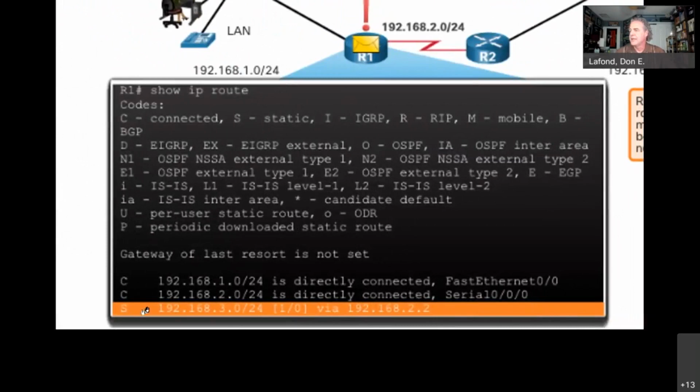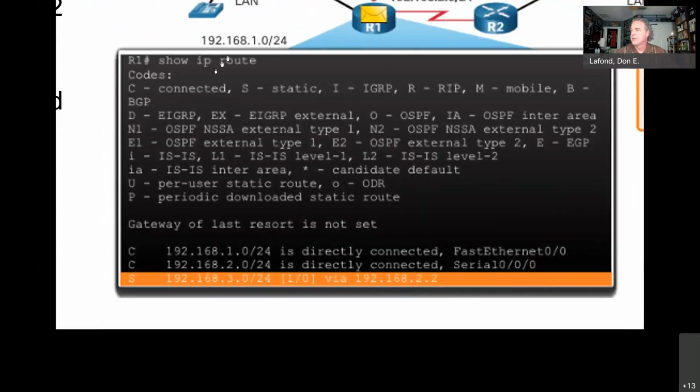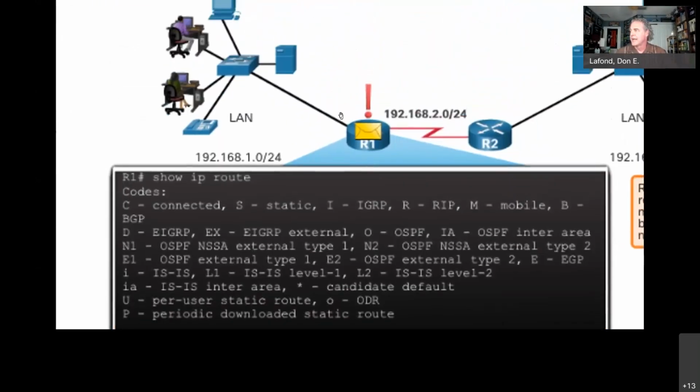You can see this is router 1, and to get to the 3 network, it's going to use 192.168.2.2 as the next hop, which would be this interface right here.